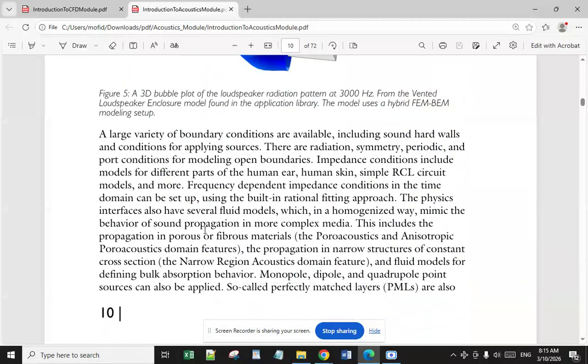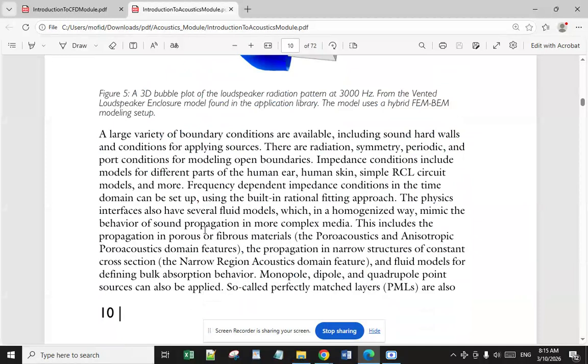A large variety of boundary conditions are available, including sound hard walls, and the conditions for applying sources. There are radiation, symmetry, periodic, and port conditions for modeling open boundaries. Impedance conditions include models for different parts of the human ear, human skin, simple RCL circuit models, and more.